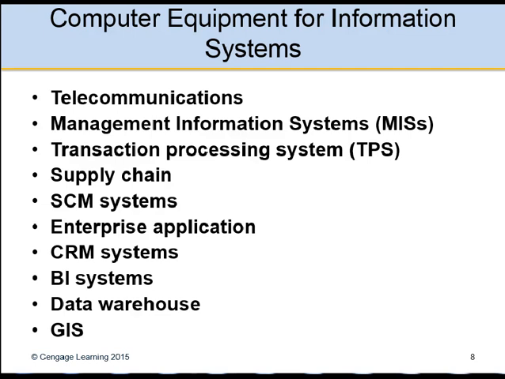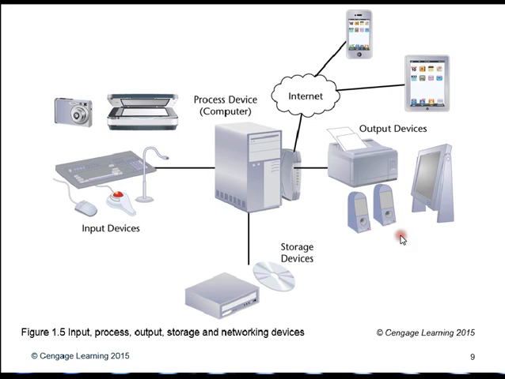Output devices display information, and storage devices store data. Network devices and communication lines are used to transfer data. Telecommunications is communication that occurs between computers over distances. And here we see an array of input, process, output, storage, and networking devices.